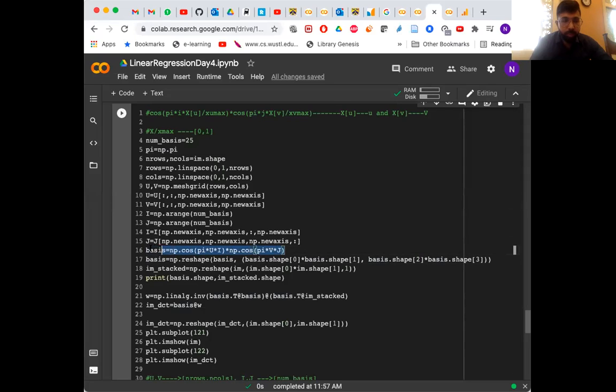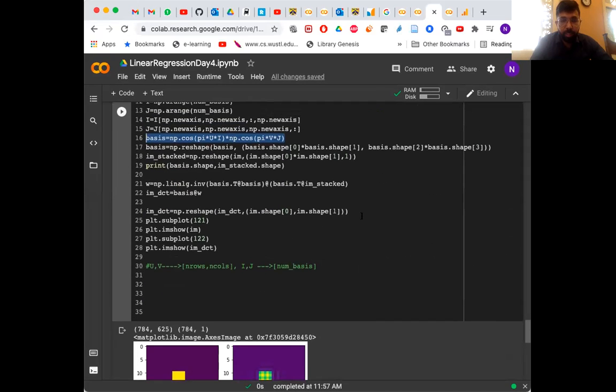Okay, this is my basis. I reshaped them such that their shape is the size of the image times number of bases. And then I just use the simple solution of the linear regression: basis dot transpose times basis, inverse, times basis dot transpose times image.